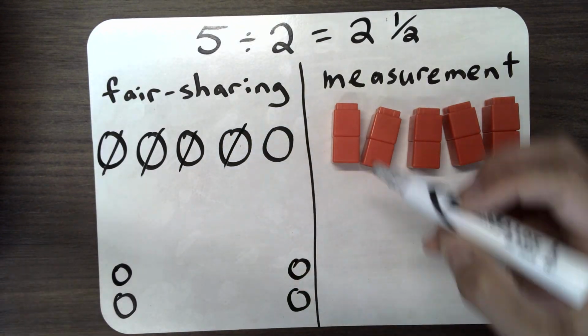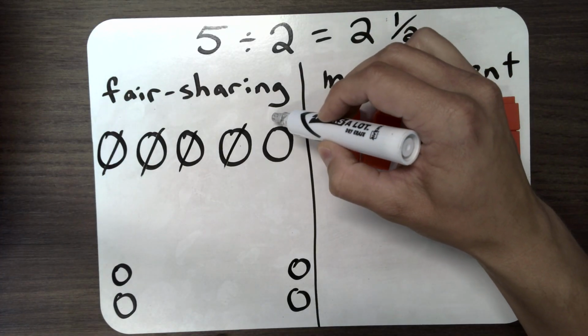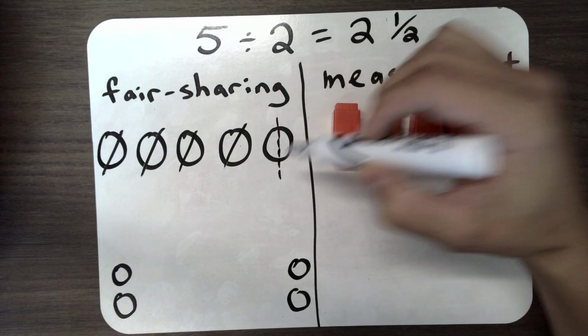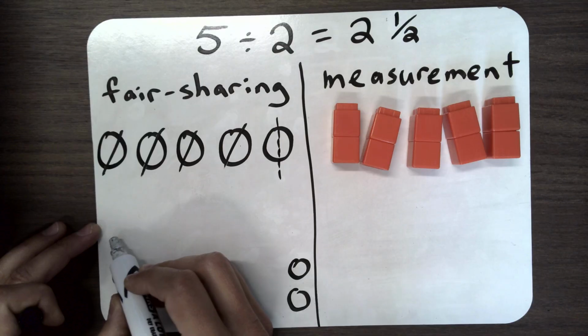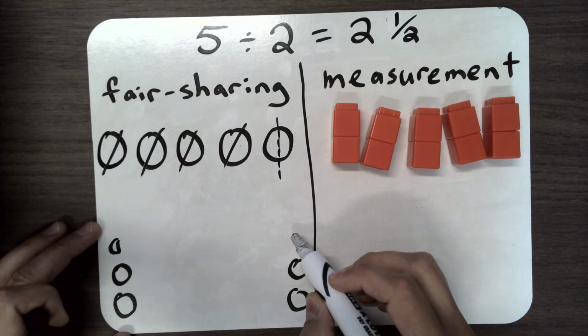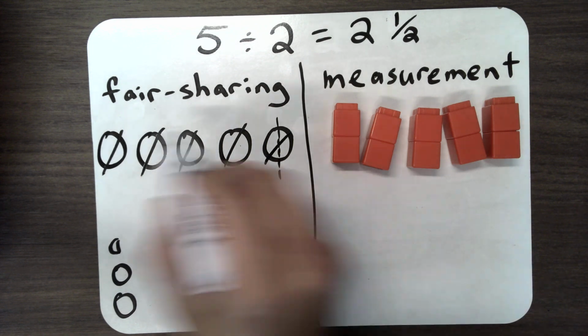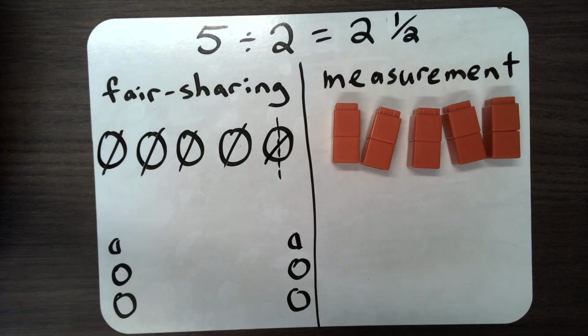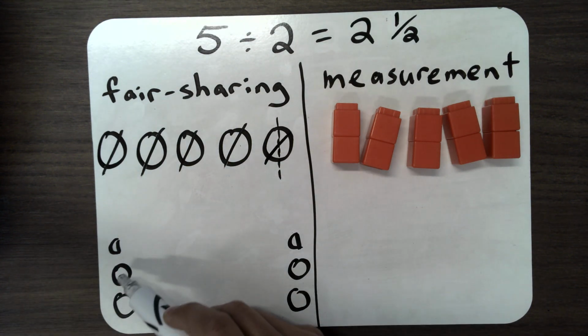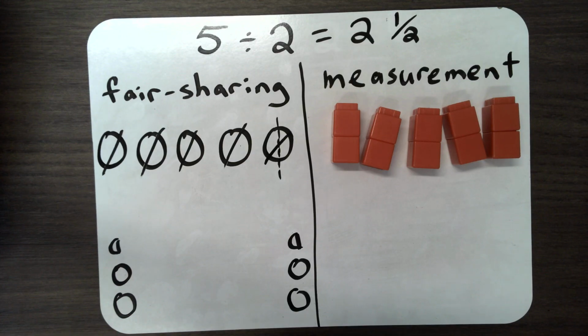Again, I have this one left over, so I have to think of breaking this in half. Then each group will get a half of that circle. Now I've gotten rid of all those original 5, and my group size is 2 1/2 circles. And then the abstract model will just be that equation on the top.